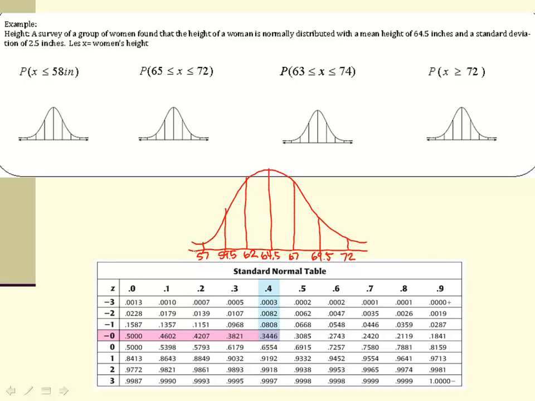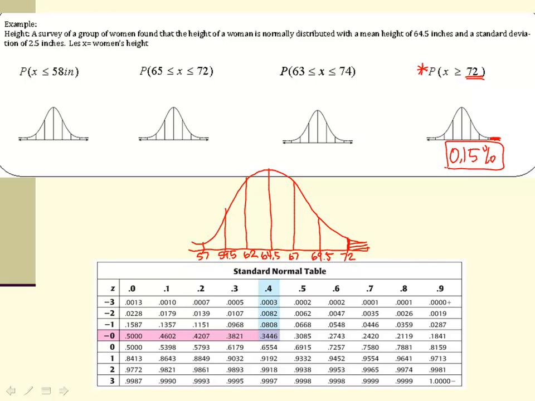If I look at this fourth one, 72 is a number that's directly on my standard deviation. And because of that, I can use my percentages. So they want to know greater than or equal to 72. So I'm really looking at this area right here. Well, I don't need to add anything. I know that's 0.15%. So do I have any extra work to do?